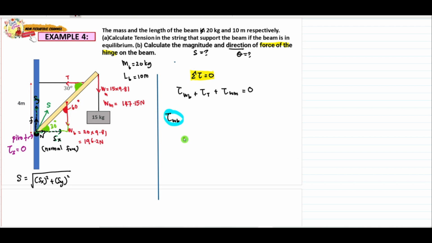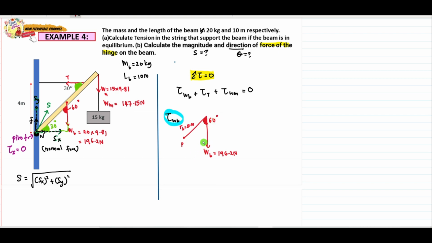So kalau saya lukis, so this is the pivot. Okay, pergi ke sini, iaitu separuh panjang beam, iaitu 5 meter, and then straightly downward. WB, and it's equal to 196.2 Newton. So the angle here should be 60 degree.